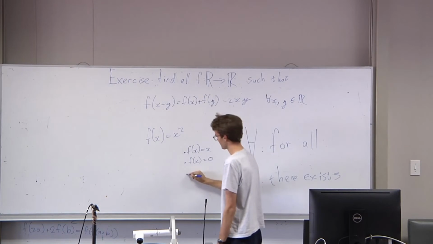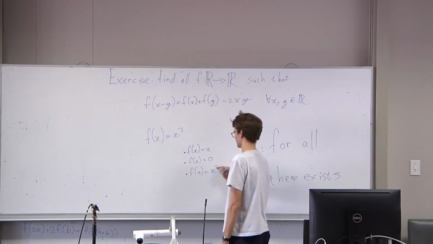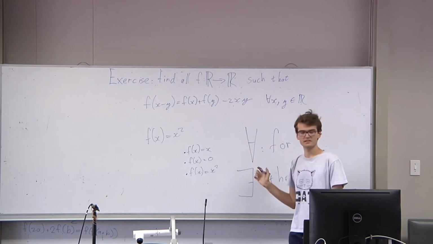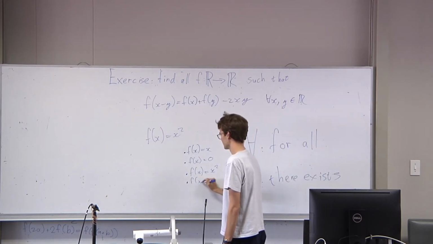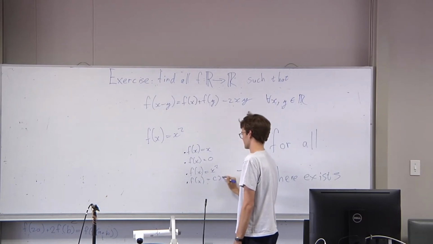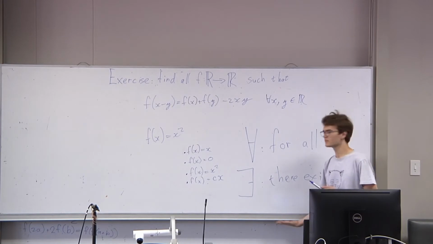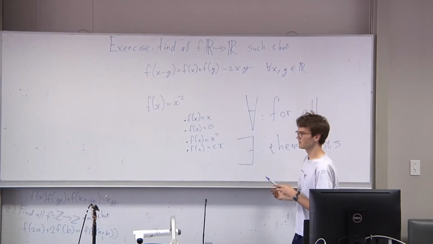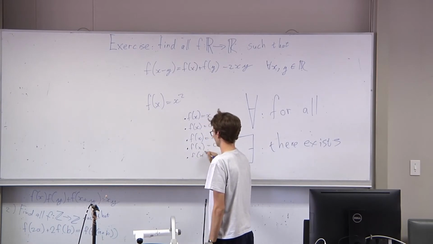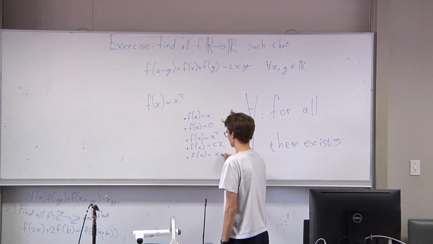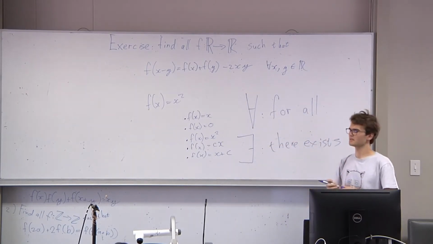You can try f of x equals x squared, which does work in this case. You can try f of x is some constant times x. That sometimes appears. Another one that sometimes appears is f of x is x plus c, so you could have a constant that could cancel it out.